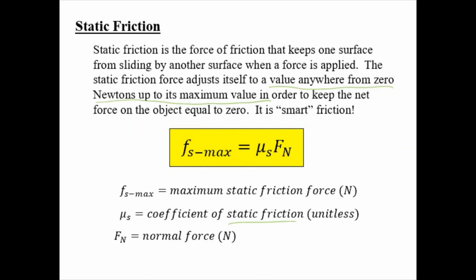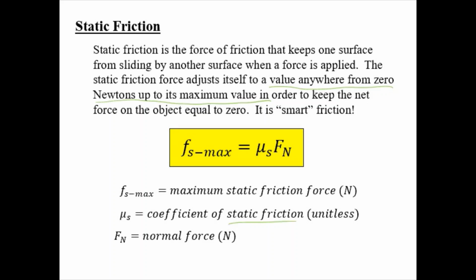And generally speaking, mu sub s is a little bit bigger than mu sub k for most materials. Again, every material interface, whether it's wood on wood or wood on metal or metal on glass and so on, those coefficients of friction are just general numbers that describe the proportional amount of gripping you get for an amount of normal force for those different surfaces.